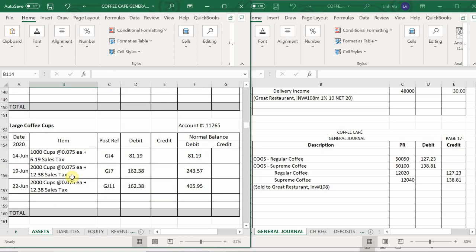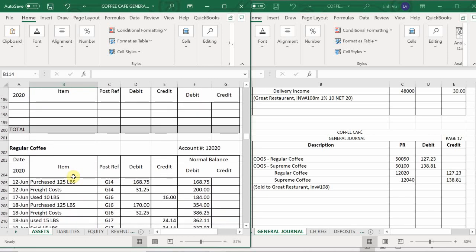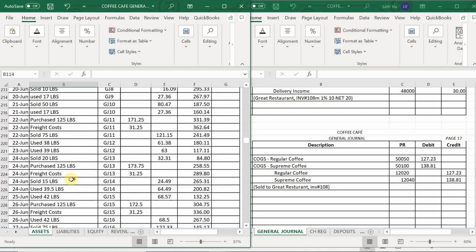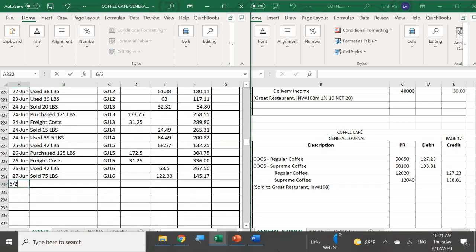So head to your regular coffee. I think this is it. Yep, regular coffee. We sold 78 pounds of coffee for General Journal 17, and it was for 127.23. Okay.